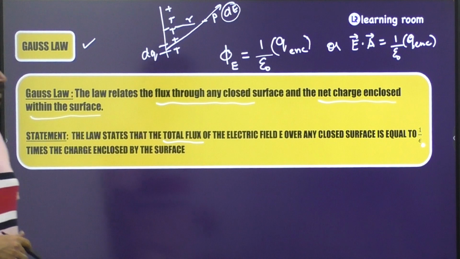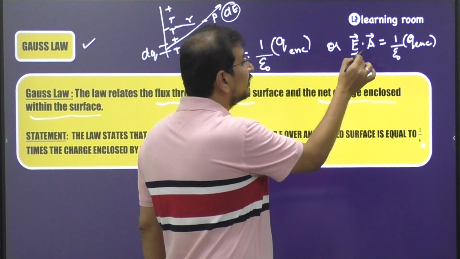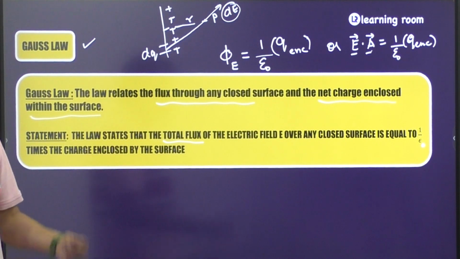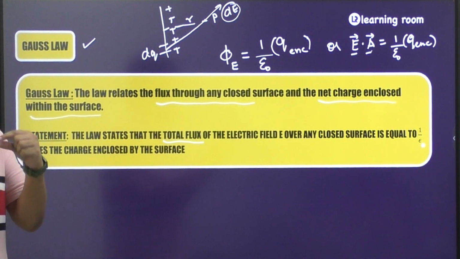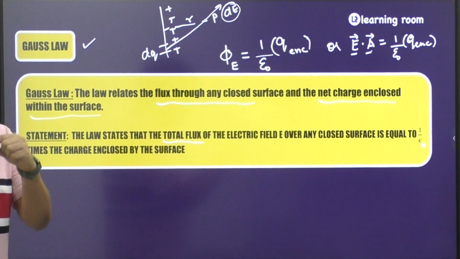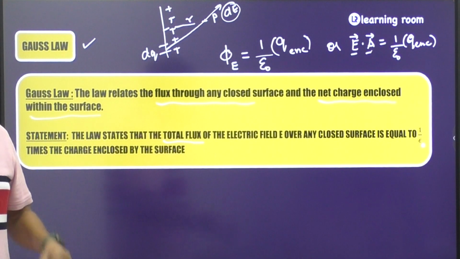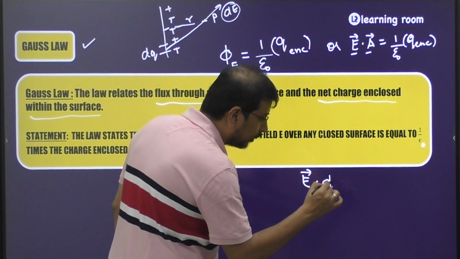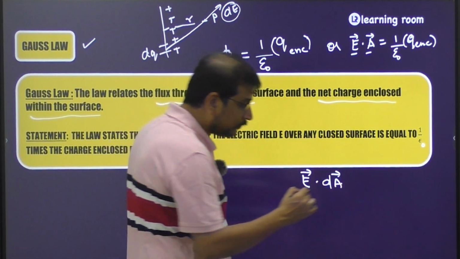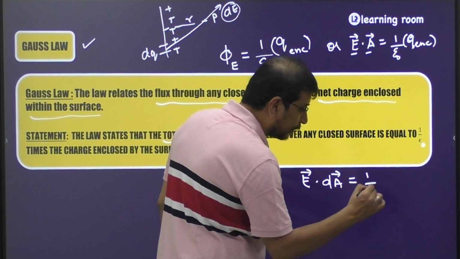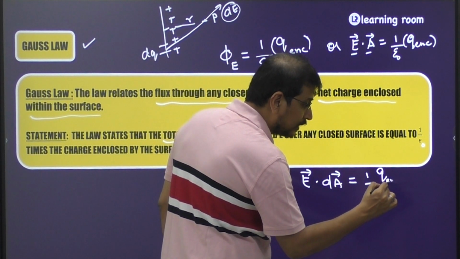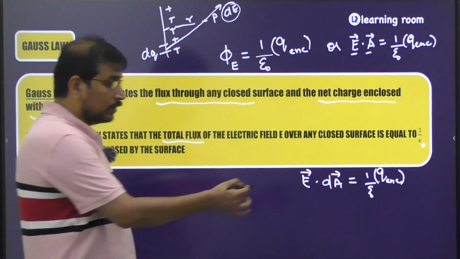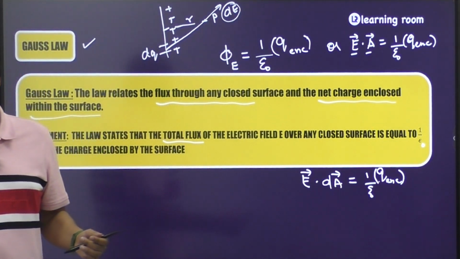The next important thing is, not every time will you know the exact value of the electric field and the exact value of the area vector. Sometimes you will be able to know only the small area vector dA. At that time, you will write E vector dot dA vector. Listen to this carefully: this is only the flux through the small area dA.